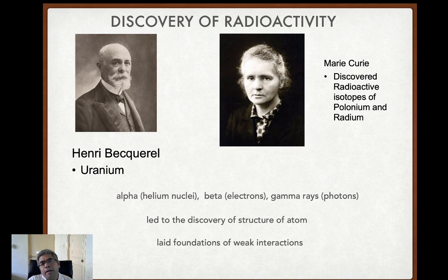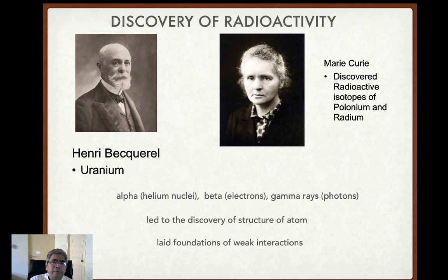For the second part, which essentially is for the neutron and proton, you needed more activity to come up, and you needed more tools. This was provided by the discovery of radioactivity by Henry Becquerel and Madame Curie, who discovered radioactivity in uranium, and also by Madame Curie in polonium and in radium.